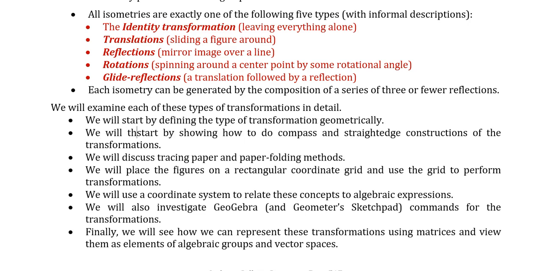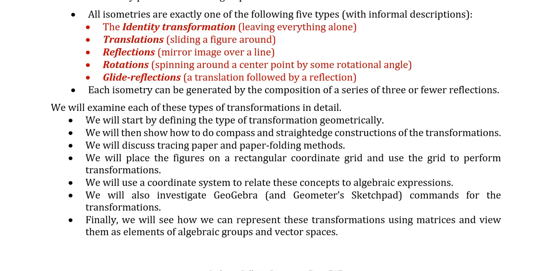We will then show how to do compass and straight edge constructions of the transformations, either by hand with a physical compass and straight edge, or by corresponding tools in either GeoGebra or Geometry Sketchpad. And we'll discuss some tracing paper and paper folding methods. We'll place the figures on a rectangular coordinate grid and use the grid to perform transformations.